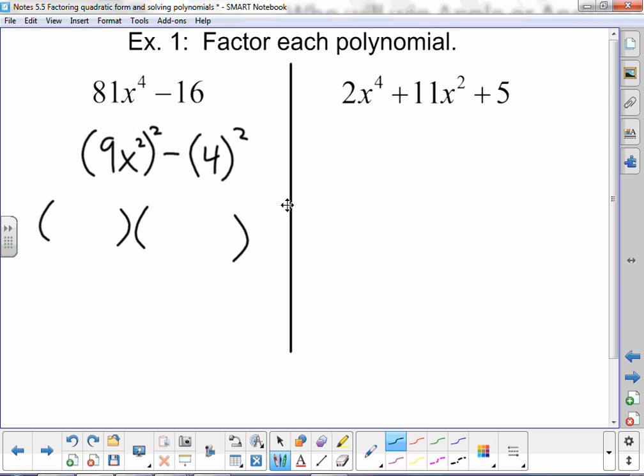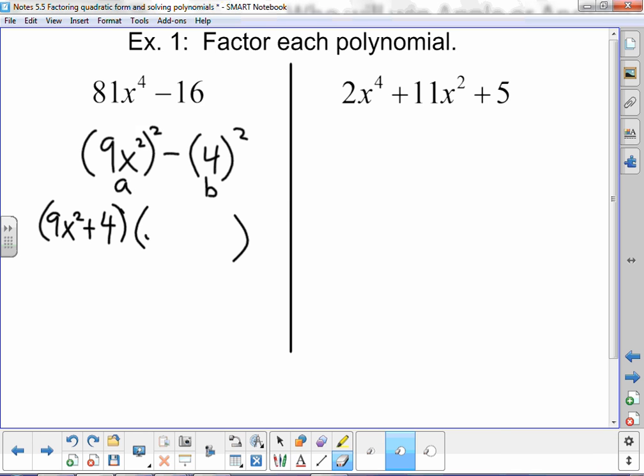So our a part is 9x squared, and the part being squared is 4, that's your b part. So it's a plus b and a minus b, where a is 9x squared, minus 4. All right, so I use the difference of squares to factor down to here.